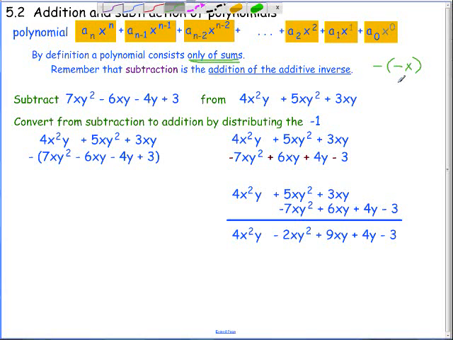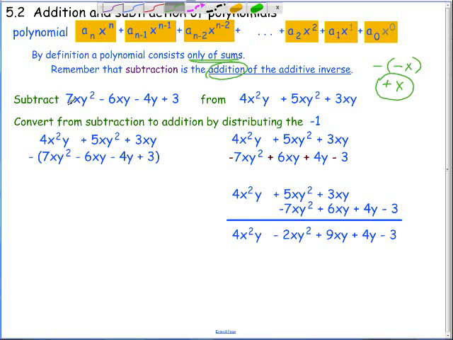I know they do for me. I would much rather simply do this, or be able to always keep my mind thinking of addition. This way we don't even have to ever worry about subtraction.